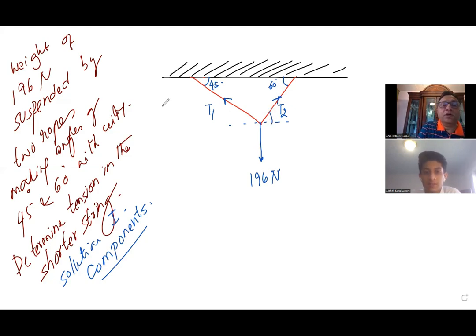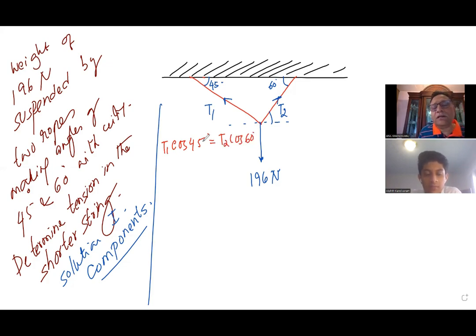We have no horizontal component of the vertical force, correct? So you get two simultaneous equations. One is that T1 cos 45 degrees, which is acting left, should be equal to T2 cos 60 degrees. So you get a relation between T1 and T2.